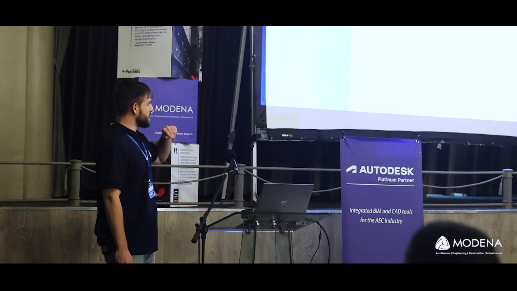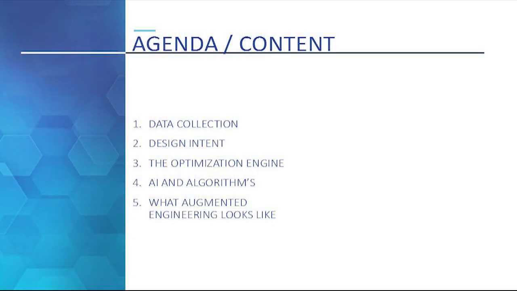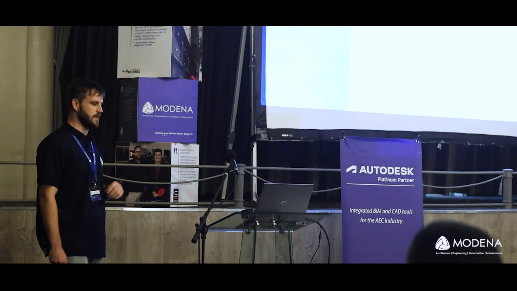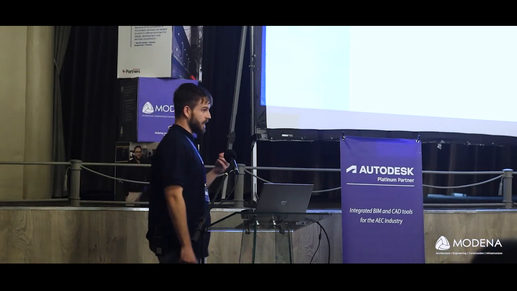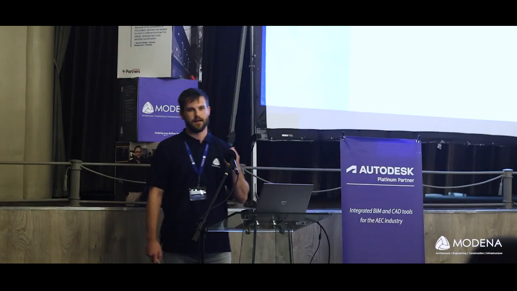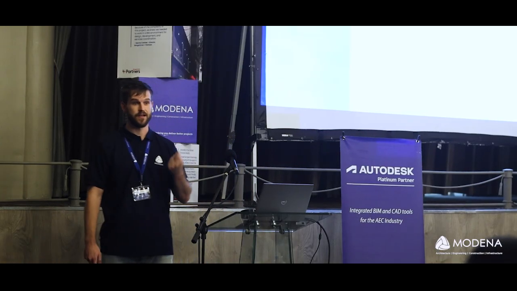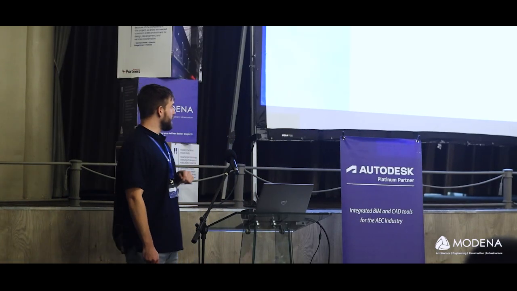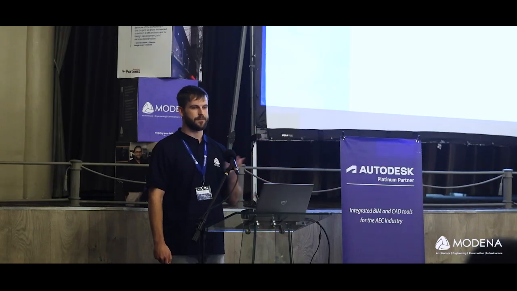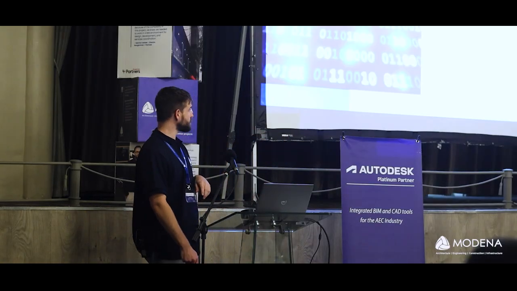Then the optimization engine itself, so we'll go into a bit more technical detail on how it actually functions and utilizes those elements. And then the AI algorithms, where I'm going to explain in more detail how we are actually using generative AI in this. We've been hearing a lot about agentic AI and LLMs, but this time we'll be using generative AI. And then how we are going to combine all of these into a solidified, usable workflow.